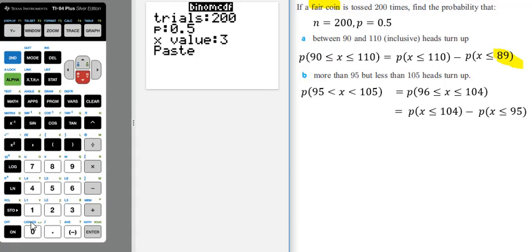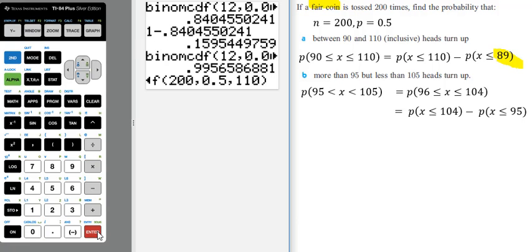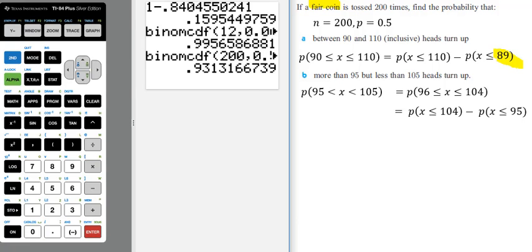The x value, we put the 110 first. Enter. Then we work on this, enter. Change this 110 into 89.